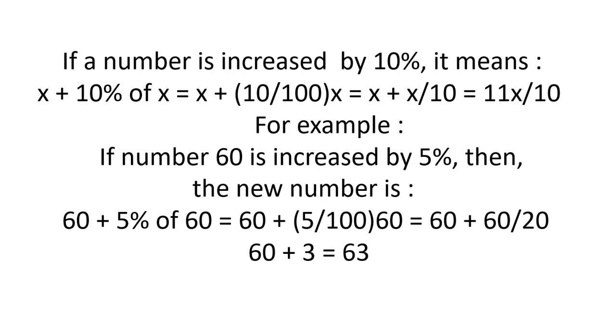For example, if the number 60 is increased by 5%, then the new number is 60 plus 5% of 60, which is equal to 60 plus 5 upon 100 into 60. 5 upon 100 is 1 upon 20, so it becomes 60 plus 60 upon 20. 60 upon 20 is 3, so the new number becomes 60 plus 3, which is equal to 63. It means that 5% of 60 is 3, and when it is increased by that percentage, the new number becomes 63.